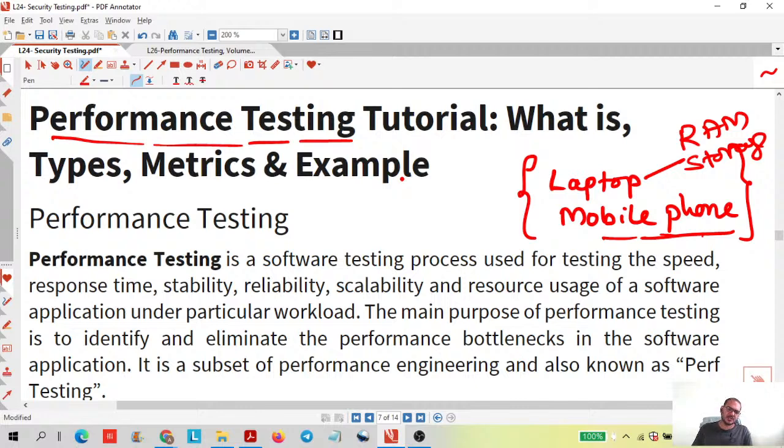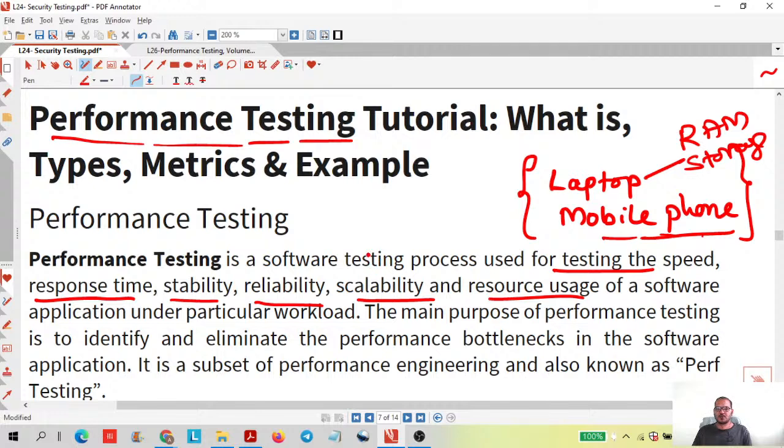Performance testing is very important for any software application, and it is a process used for testing the speed, response time, stability, reliability, scalability, and resource usage of the software application under a particular workload.